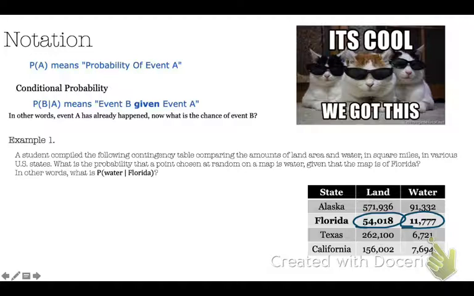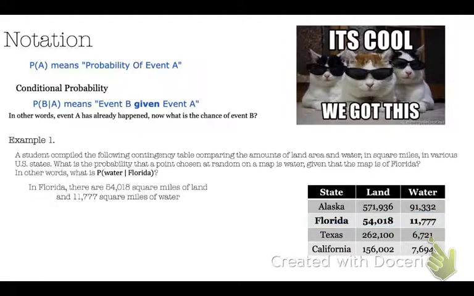Together, we just have to add those together to get the total square miles of Florida. But then we want to only know the water, so I'm going to divide the 11,777 on top. So in Florida, there's 54,018 square miles of land and 11,777 square miles of water.